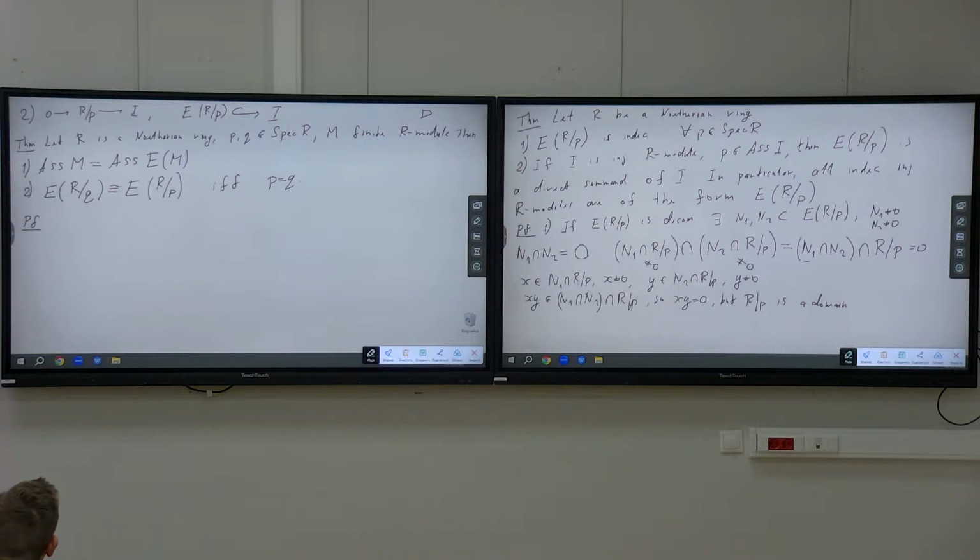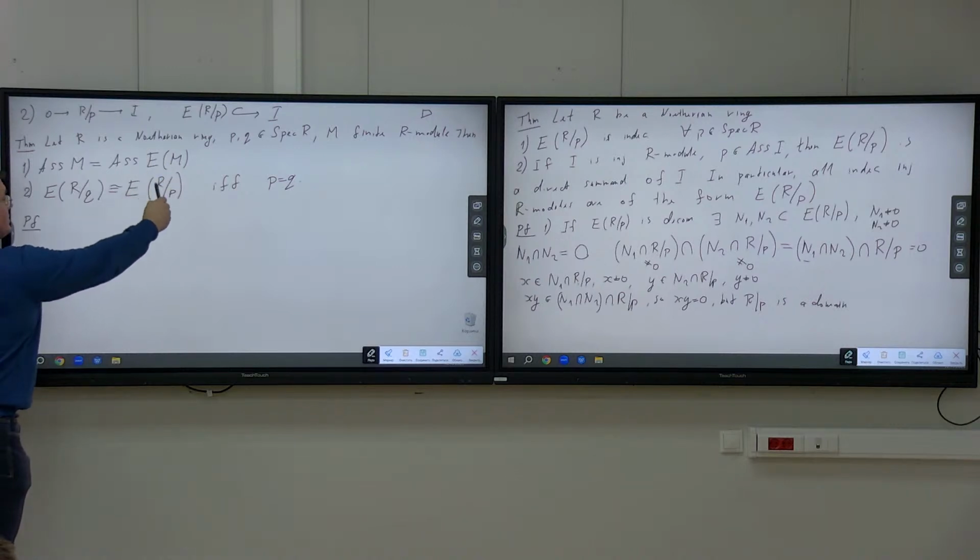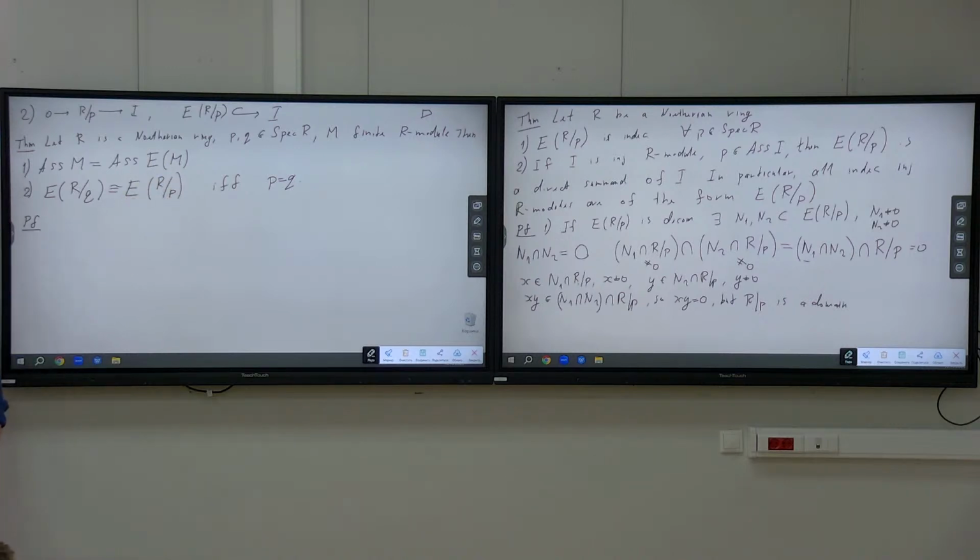This list of prime ideals is precisely the list of associated primes. Why can it be decomposed? Well, we will prove this later. But if you believe in this, I'm just saying that you can read the set of associated primes precisely as the set of primes you see in the decomposition of this thing into the direct sum of such things.